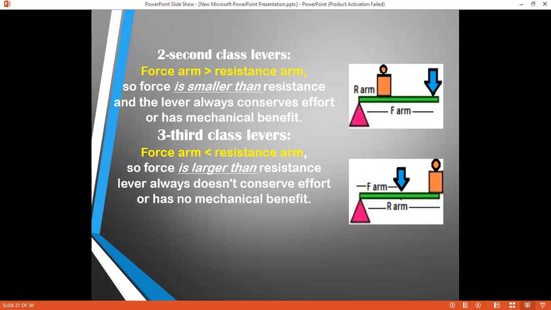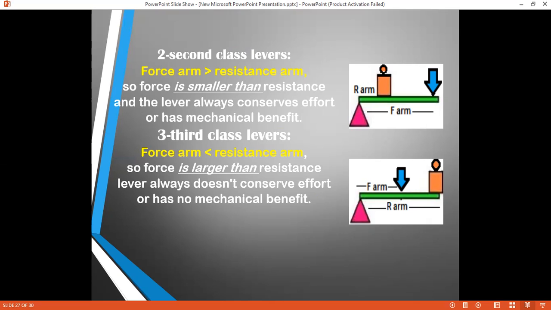That's right. So in case of the third class lever, as you can see here, here is the fulcrum, here is resistance, here is force. What do you think about it? The force arm is shorter than the resistance arm, so it doesn't conserve any effort, because the force is larger than resistance. So I apply larger force.